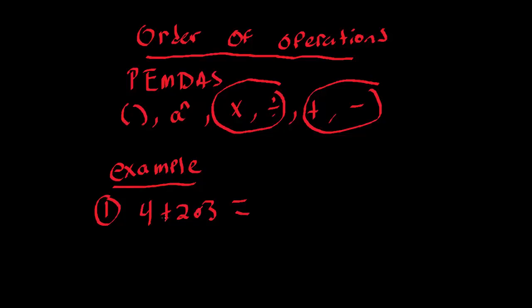Well, normally you would instinctively think, do left to right. 4 plus 2 is 6. 6 times 3 is 18. It's completely wrong. What you're going to do first is the multiplication. 2 times 3 is 6. And 4 plus 6 is 10. The answer is 10 and not 18.